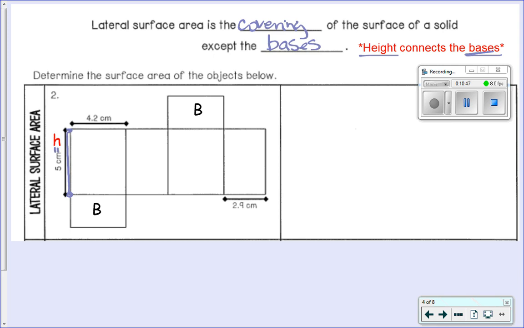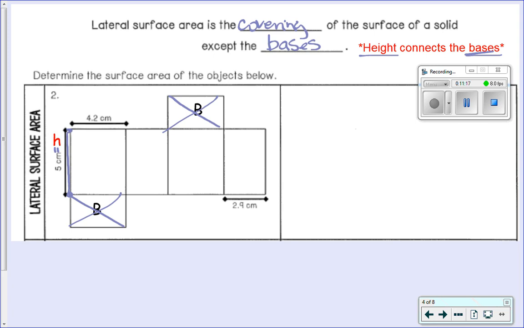What dimension is that? 5 centimeters. Good job. Great job. Okay, so do we include in lateral surface area our bases? No. So I want you to label them, and they already are. And you may also want to put a big X that we are not going to include them in our lateral surface area.